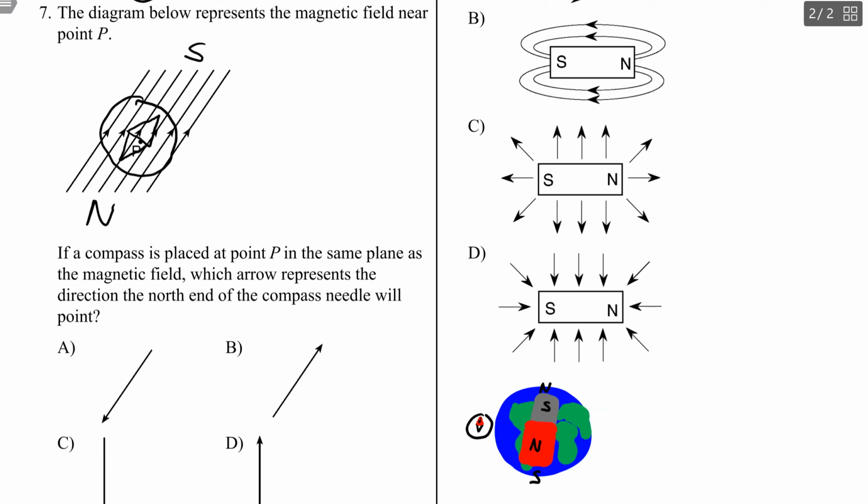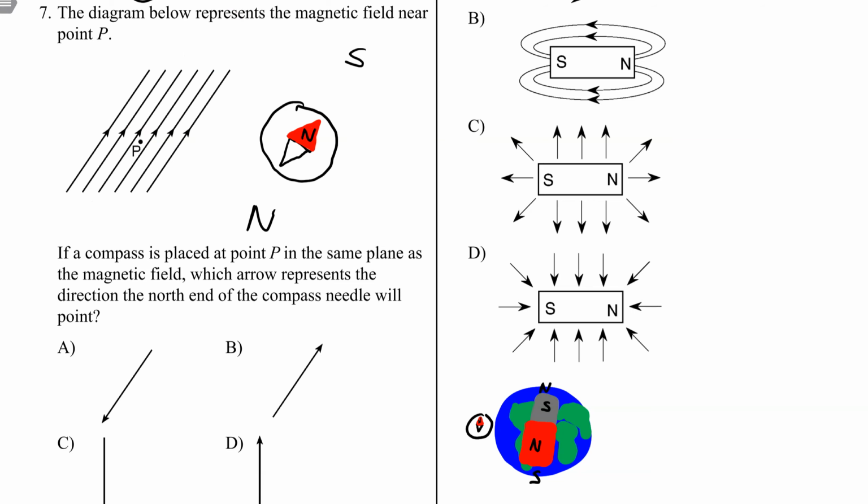So we said the north end is typically red. Is the north end going to be attracted to the north, or is the north end going to be attracted to the south? To me, this makes more sense. So we have the north end right here pointing towards the south. And how did I figure out that was south? Because the lines point from out of north into south.